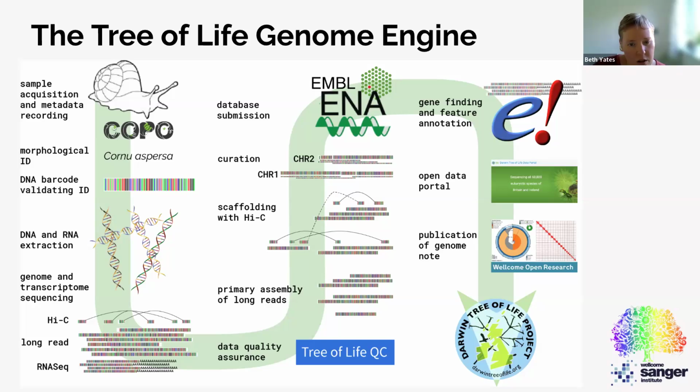We then do curation and scaffolding and some QC checks. Our partners in Ensembl do gene finding and annotation for us. And everything goes onto an open data portal. And the final step in producing an assembly, which is what we're going to focus on here, is the publication of the Genome Note.